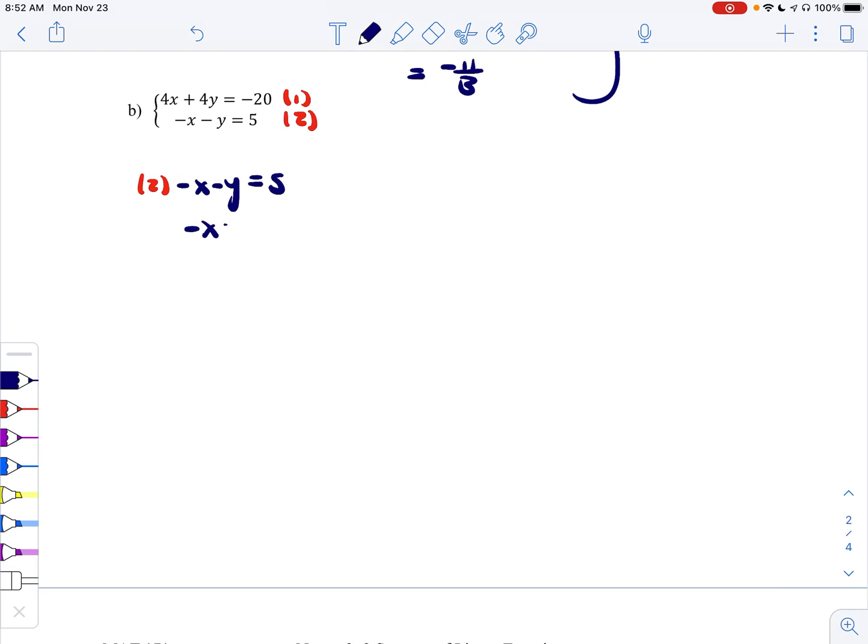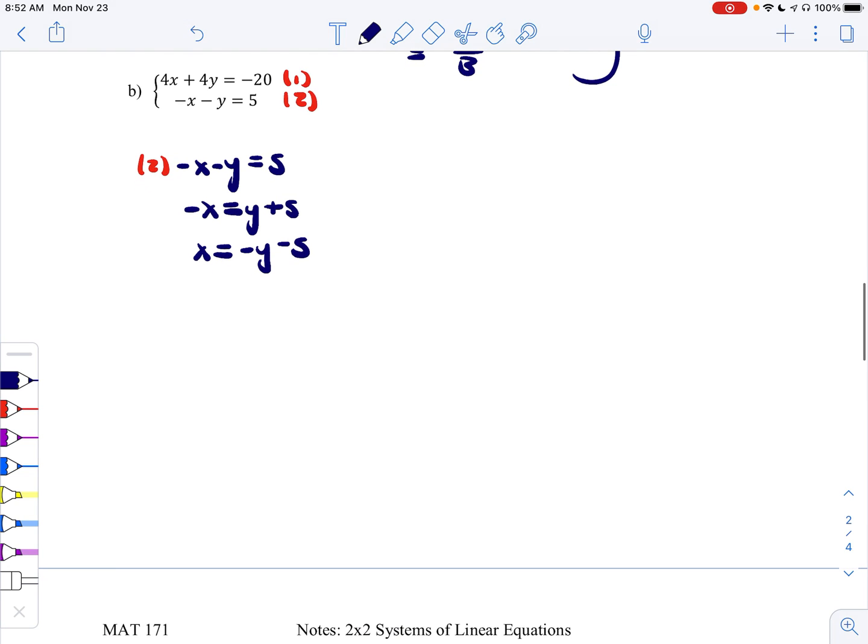I'll solve for x. So we need to add the y over, and then divide through by a negative 1. And we've isolated our x. Okay. All right, from here, we need to substitute.